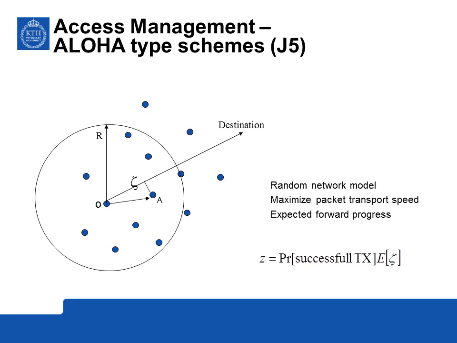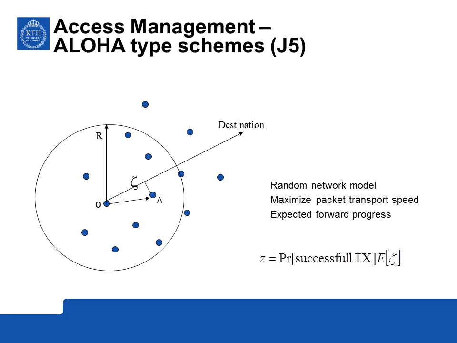And our routing algorithm now picks a node within our radio range R, in this case denoted node A, and we note that the progress we made towards our destination, zeta, is the projection of the link between O and A on the source-destination line.